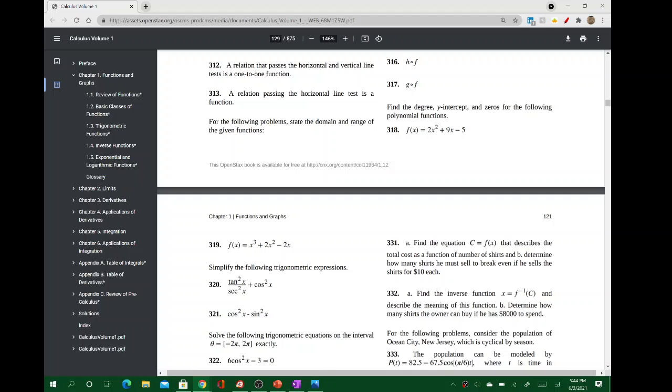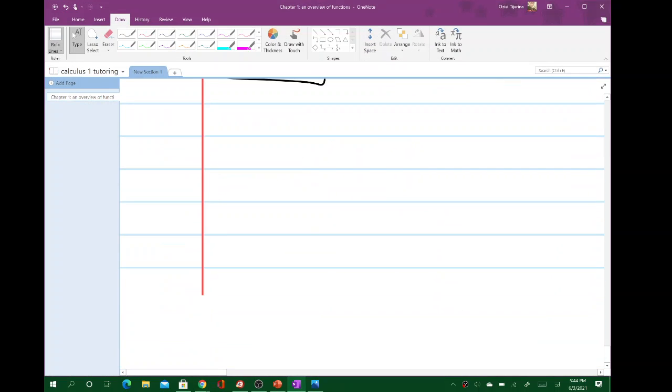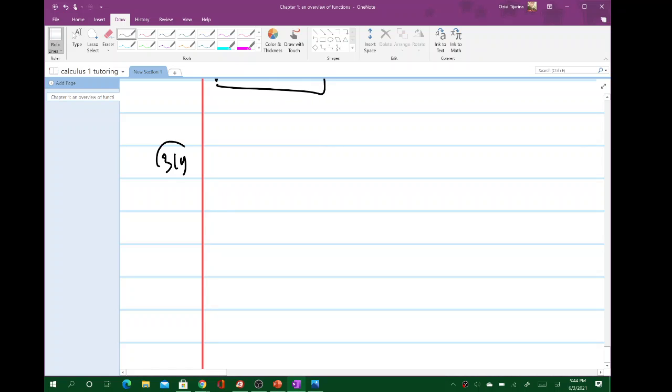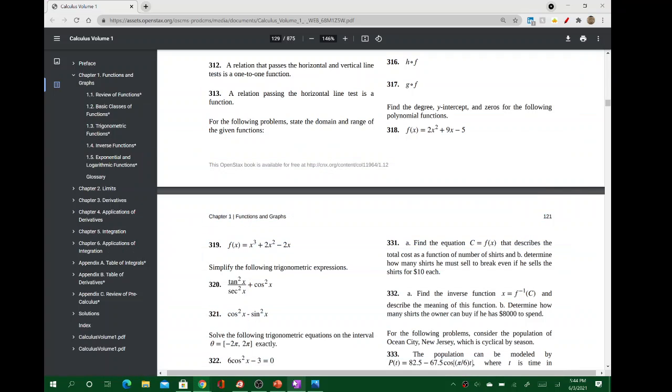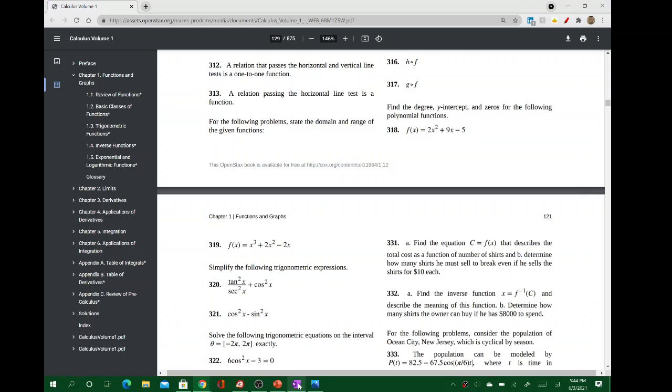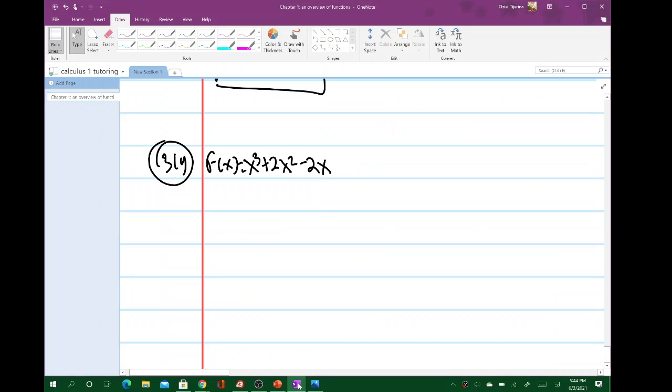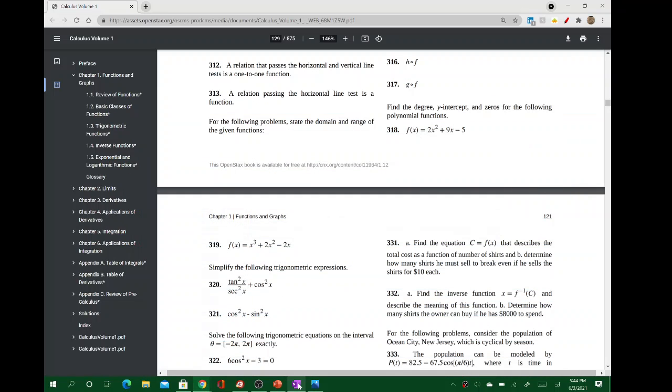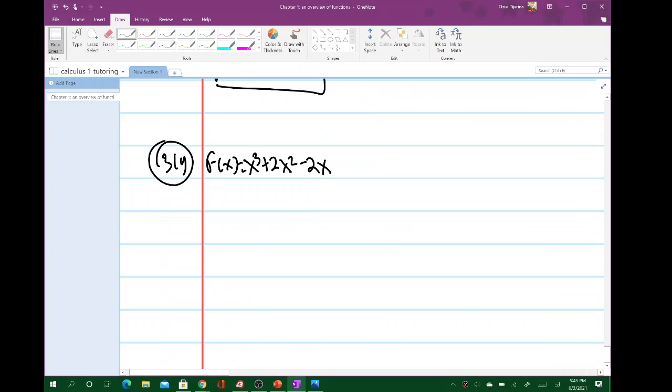Okay, and then for number 319, it says to do the same thing. So 319 says f of x equals x cubed plus 2x squared minus 2x, right?